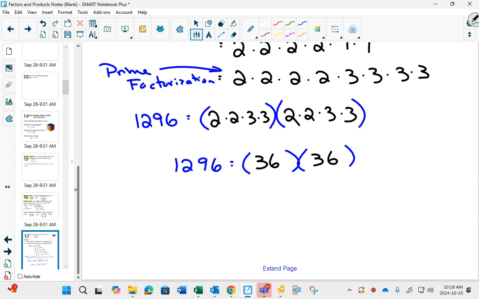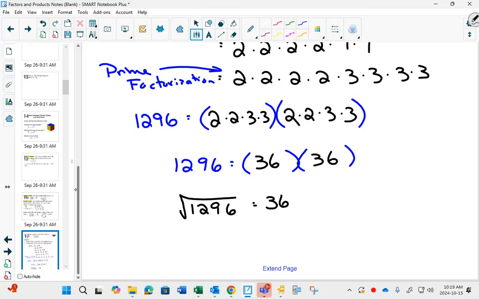If I multiply those out, I get 36 times 36. And so therefore, the square root of 1296, if 1296 is 36 times 36, then the square root has to be 36. And we could use our prime factorization to do this without a calculator.